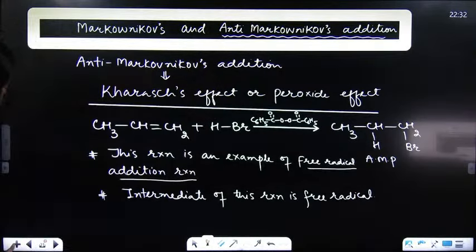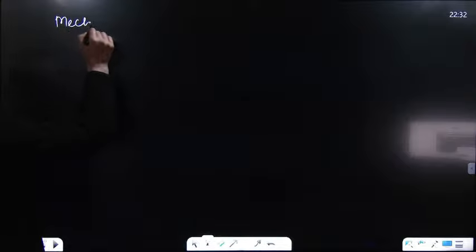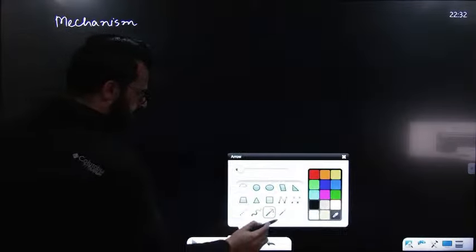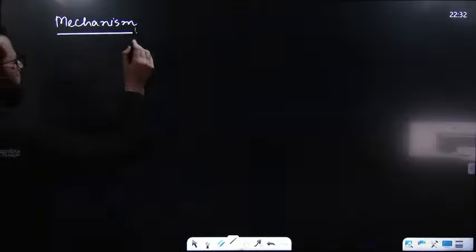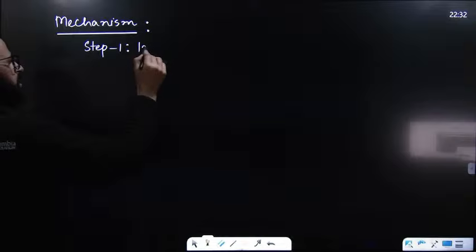Now, have a look what is the mechanism of this reaction. First of all, initiation will take place, and that will be step 1. During initiation, what will happen?